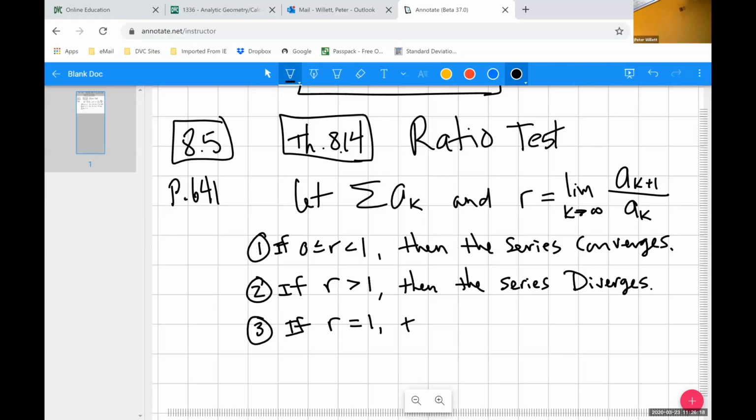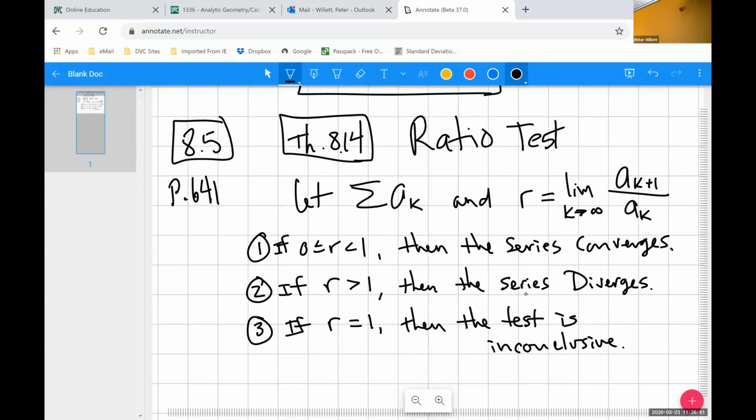So then we say the test is inconclusive, which basically means this test doesn't help us determine whether it converges or diverges.